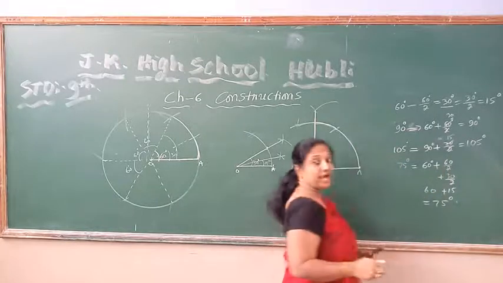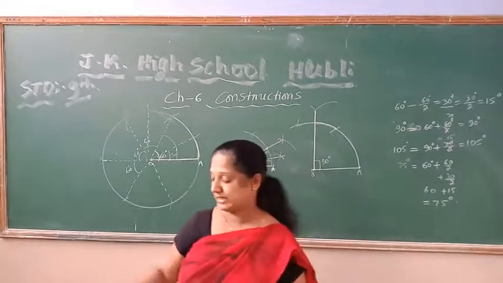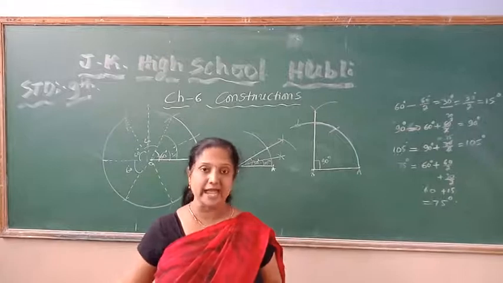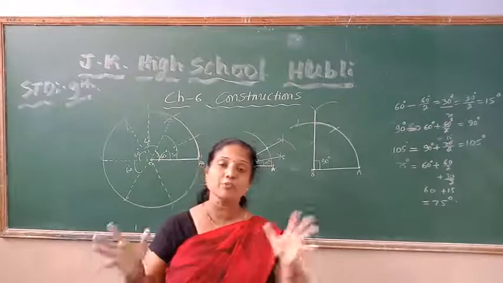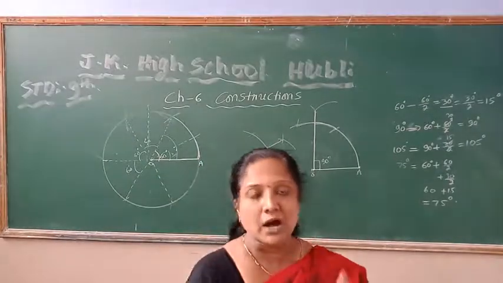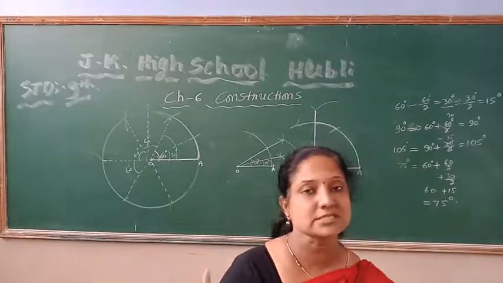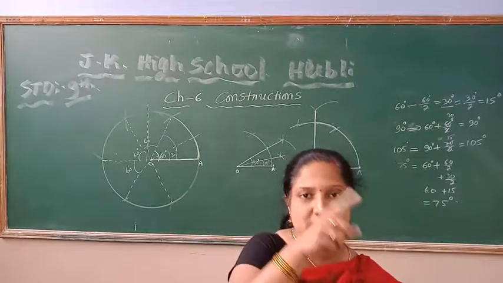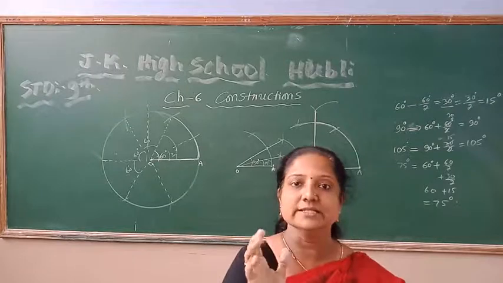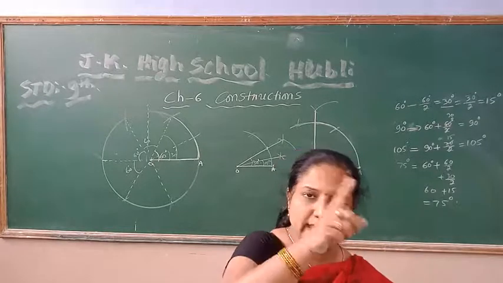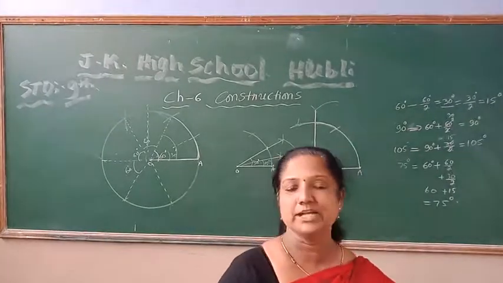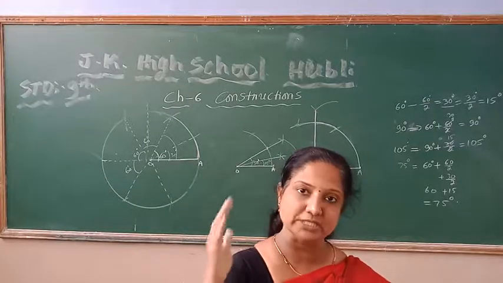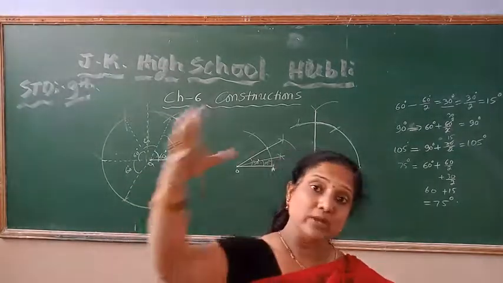You should have an idea which angle I have to bisect to get the given angle, children. So you should know the basic concept before that. A whole circle is divided into six 60 degree equal angles. At the center of a circle, the total angle is 360 degree, and it is divided into six equal angles.